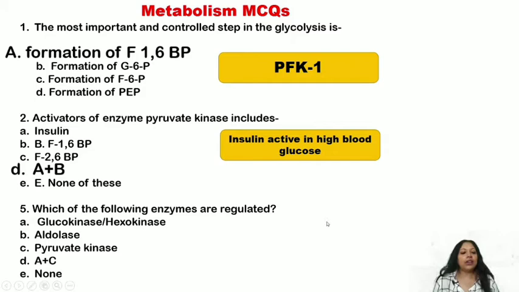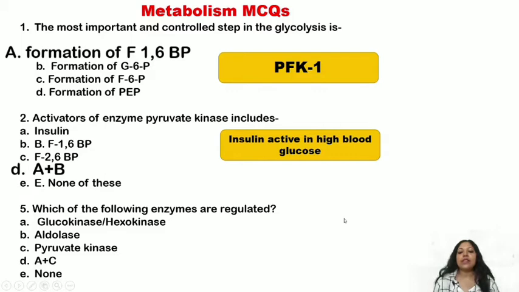Now the third question is, which of the following enzymes are regulated? Okay, and the options are glucokinase or hexokinase, aldolase, pyruvate kinase, A plus C and none. So in this question, pathway is not mentioned, like whether it is from glycolysis or PDH complex or from Krebs cycle, it is not mentioned.